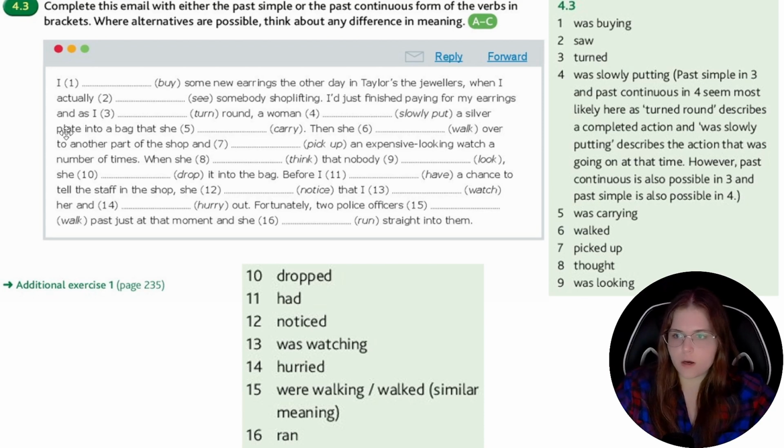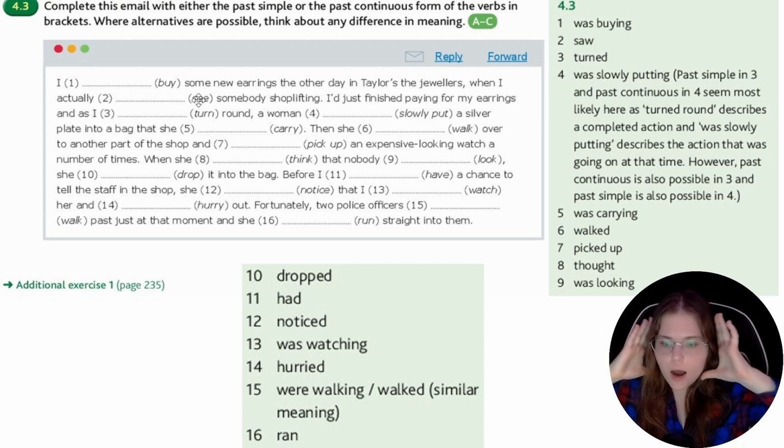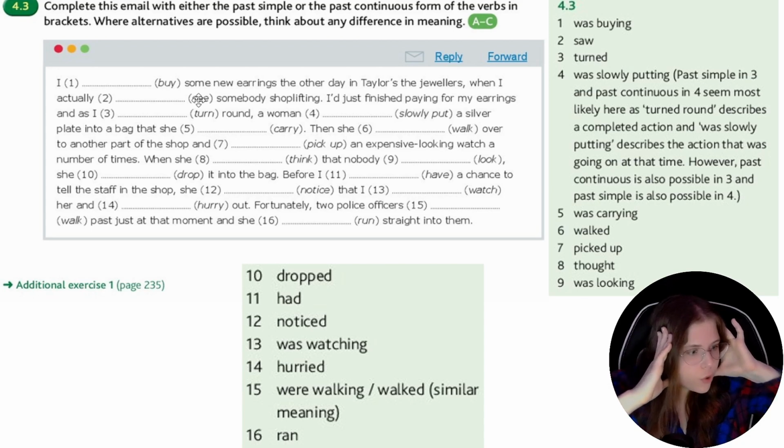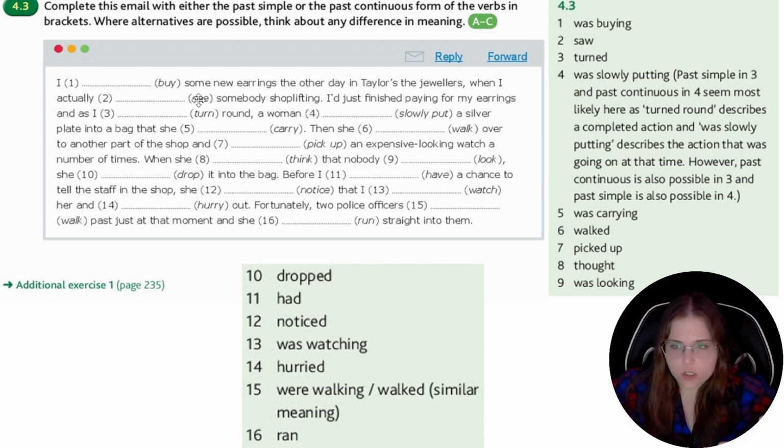Let me explain. I turned round. It isn't like I was turning round. It wasn't a long action. It was a short action. I just turned round. It was very quick.